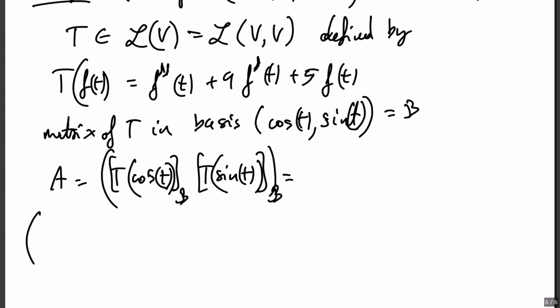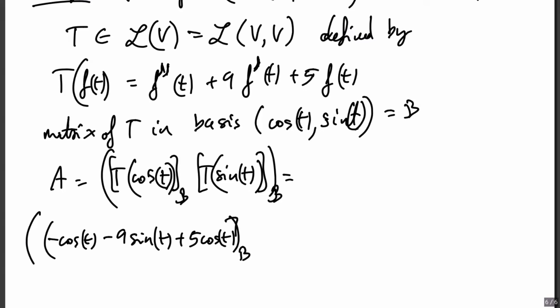So T of cosine is the second derivative of cosine, that's minus cosine of t, plus 9 times the first derivative, which is minus 9 sine of t, and then 5 times the function, so that's 5 times cosine t. And we will need the coordinate matrix of this in basis B. We use the bracket for the coordinate matrix.